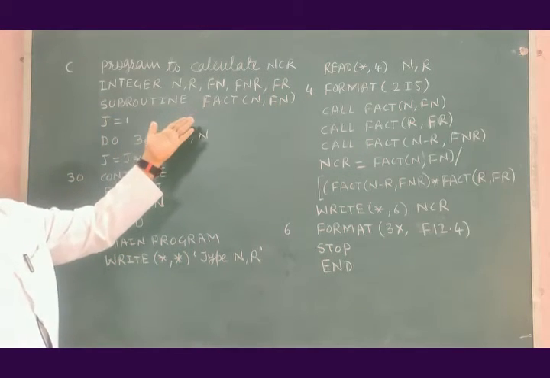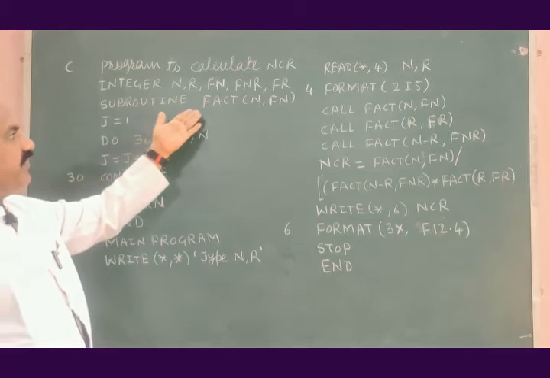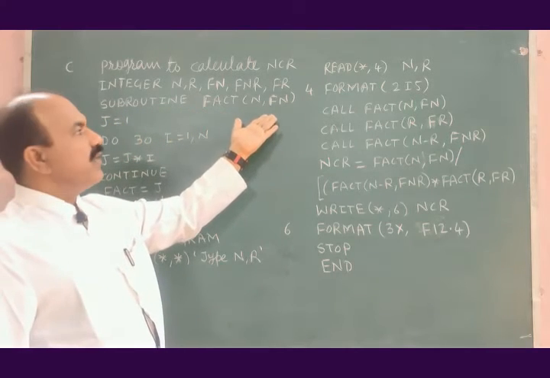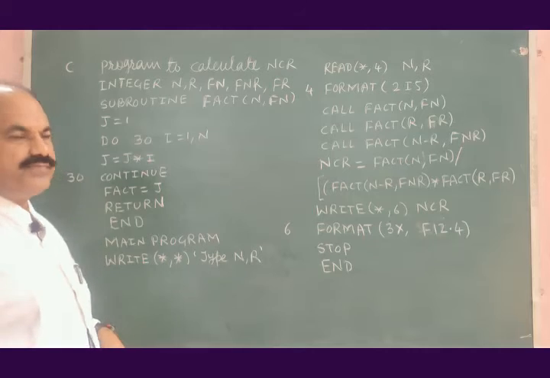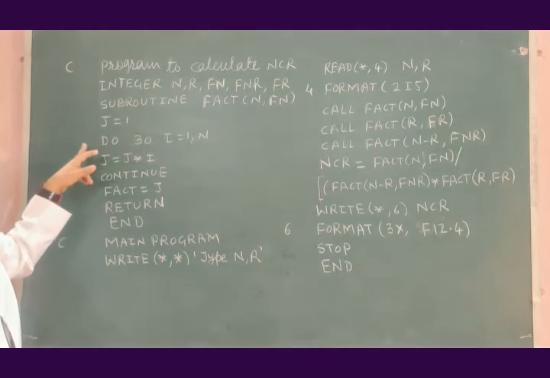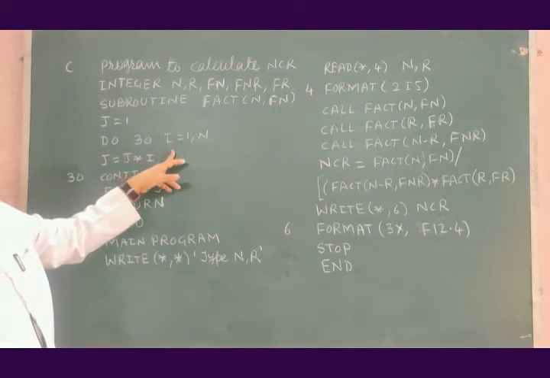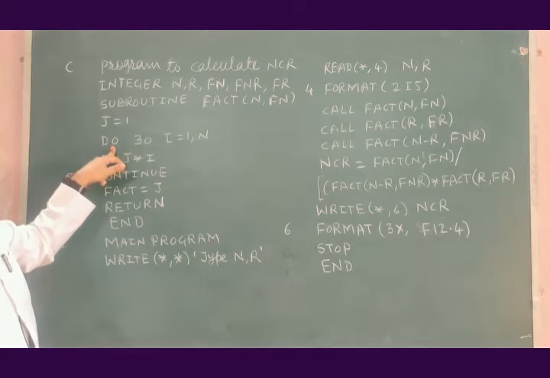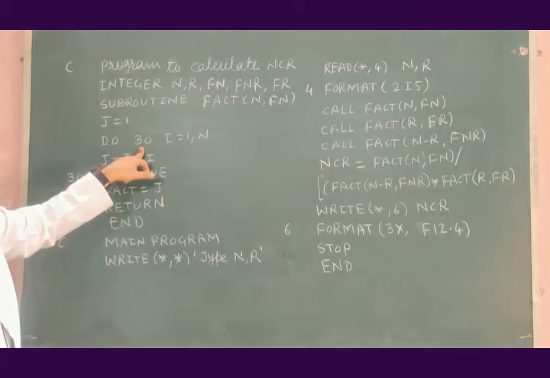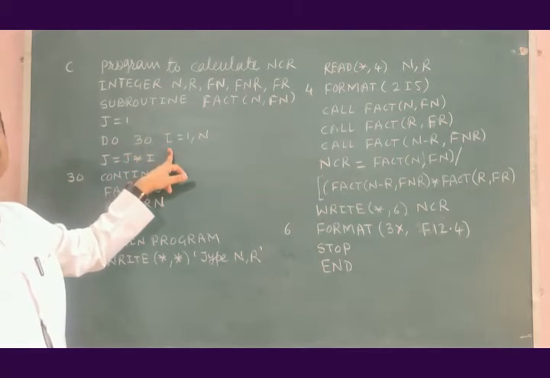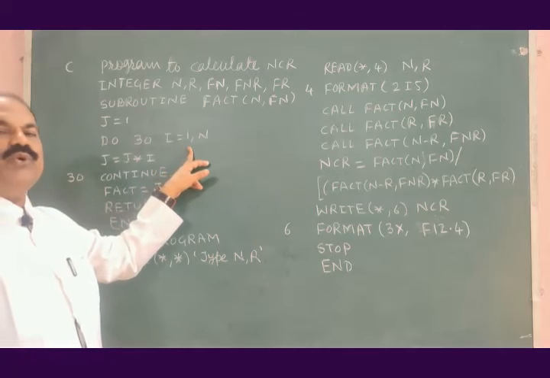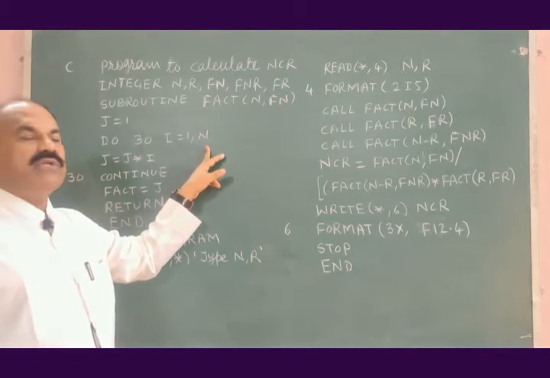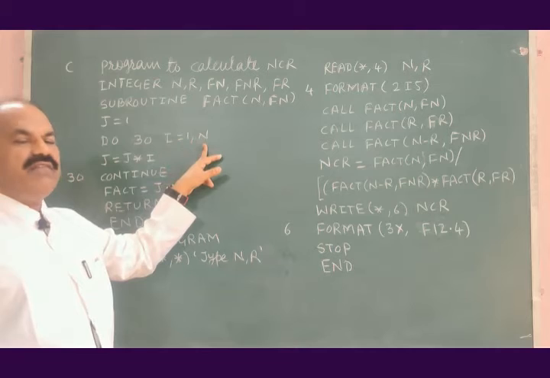Here subroutine is defined, subroutine fact n comma fn. j is equal to 1, do 30, I is equal to 1 comma n, do loop 30, the line number of last statement of do loop, I running variable, initial value 1, final value n.